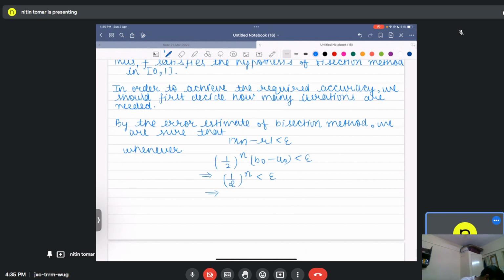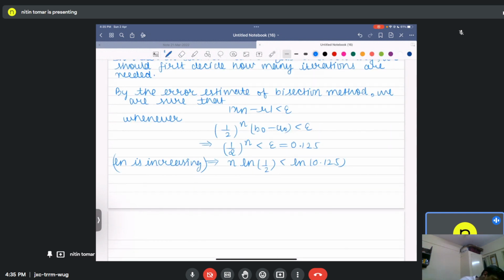Now if you take log on both sides, we have n times ln half is less than ln 0.125, so n is greater than ln 0.125 upon ln half, and if you compute it, this will be 3.